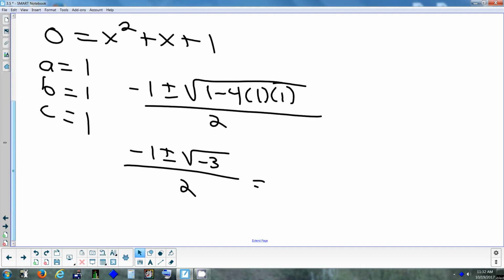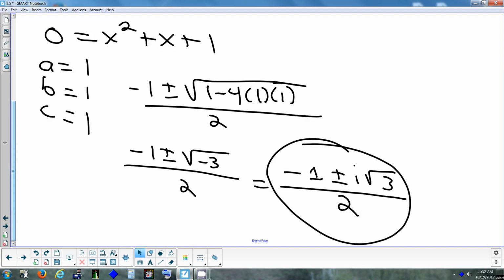An i. So your final answer is negative 1 plus or minus i root 3 over 2. Okay, and there is really no other way to get that answer. The calculator can't help you at all with that.